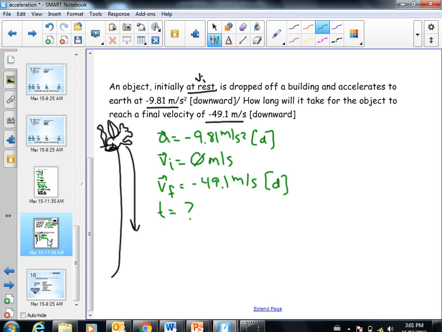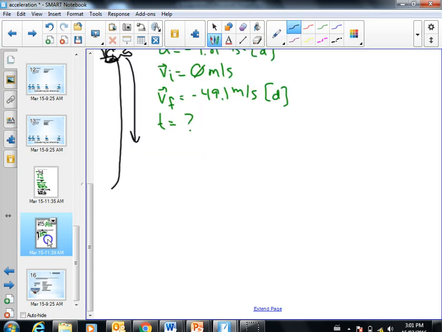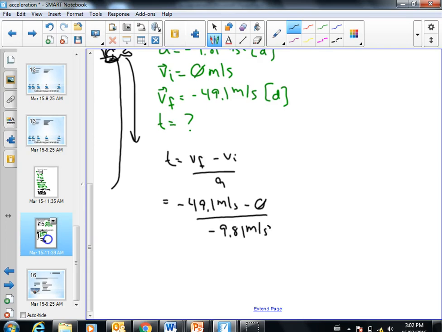So let's find the equation for time, which looks like this from my last page. T equals Vf minus Vi over acceleration. Which means I'm going to put in my final velocity minus my initial and divided by the acceleration due to gravity. When I divide this, I find that it is 5.005 seconds.